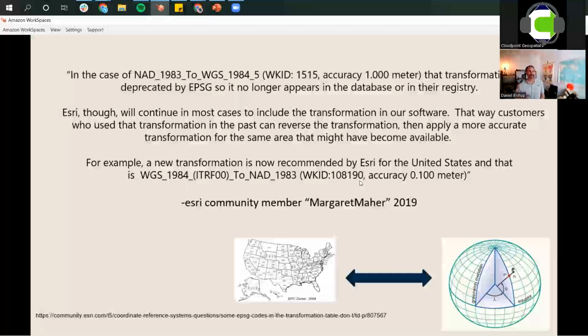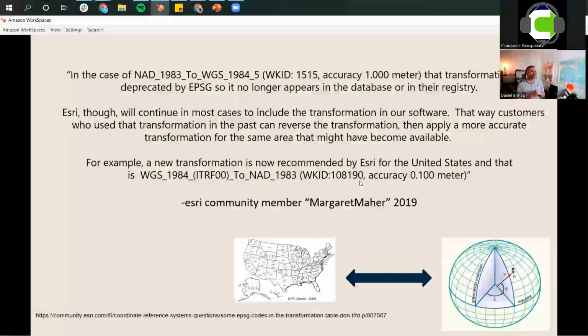And I encourage you to look to state resources for guidance on this particular matter, because whatever transformation you use should be standard across that state, or at least that state plane area.